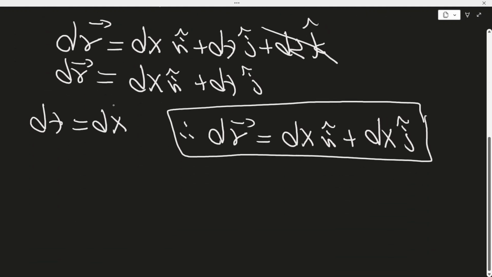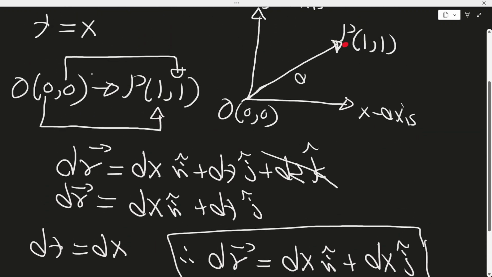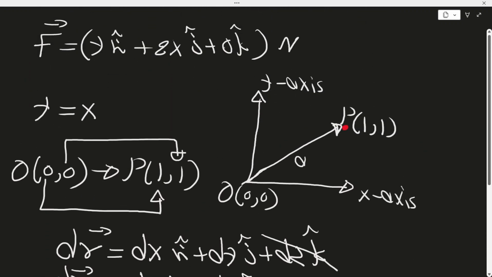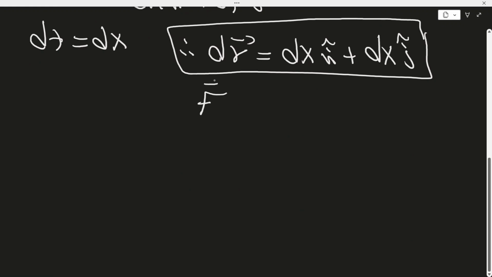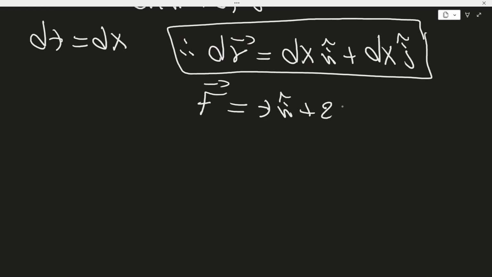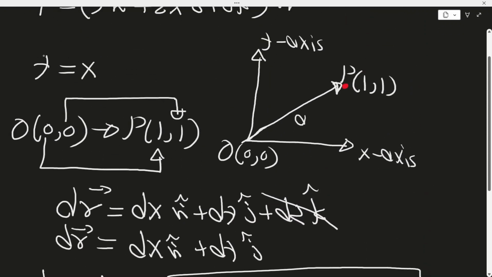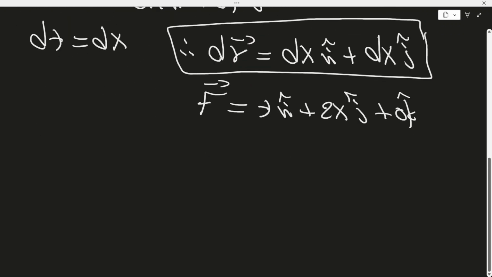Now we have dr as this, and we have the force vector, which is y i plus 2x j plus 0 k. Let's write it down again: force is equal to y i plus 2x j plus 0 k. But I have to be careful that y is equal to x, so I can substitute any y with x.